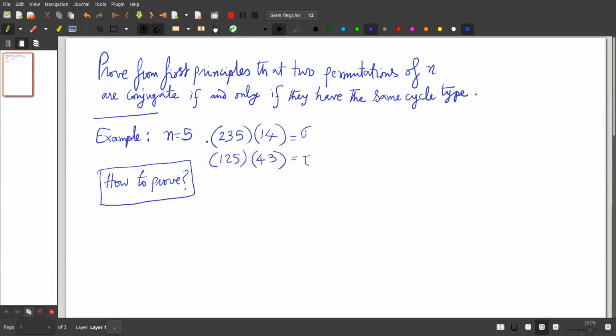So I want a permutation, let's use an English letter, S, such that S sigma S inverse is equal to tau. This is what I want. Can somebody please give that permutation?